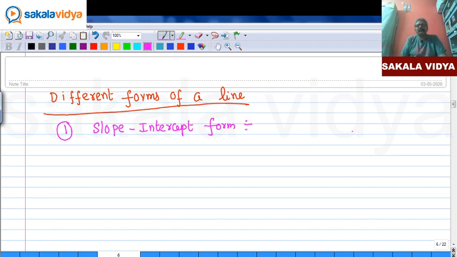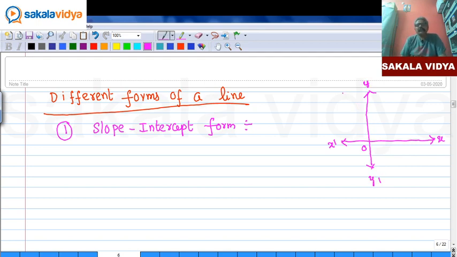For example, you take the axes like this, origin, x, x dash, y and y dash.